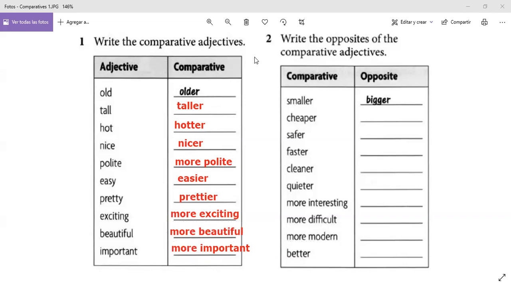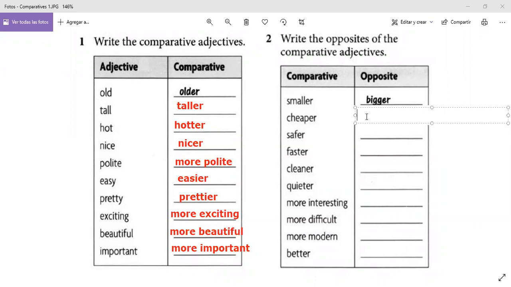And right now we're going to use the comparative adjectives, but with the opposite of them. Example, smaller, bigger. What about cheaper? Expensive. Thank you so much. That is the adjective, expensive.